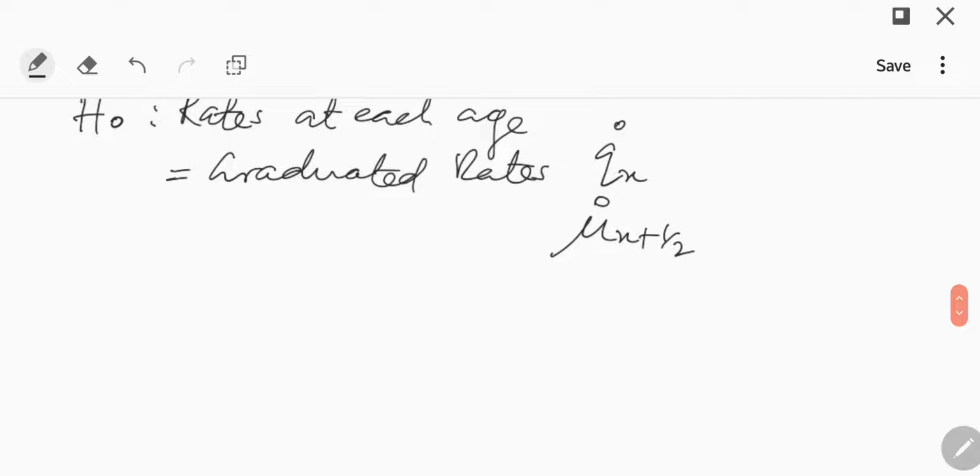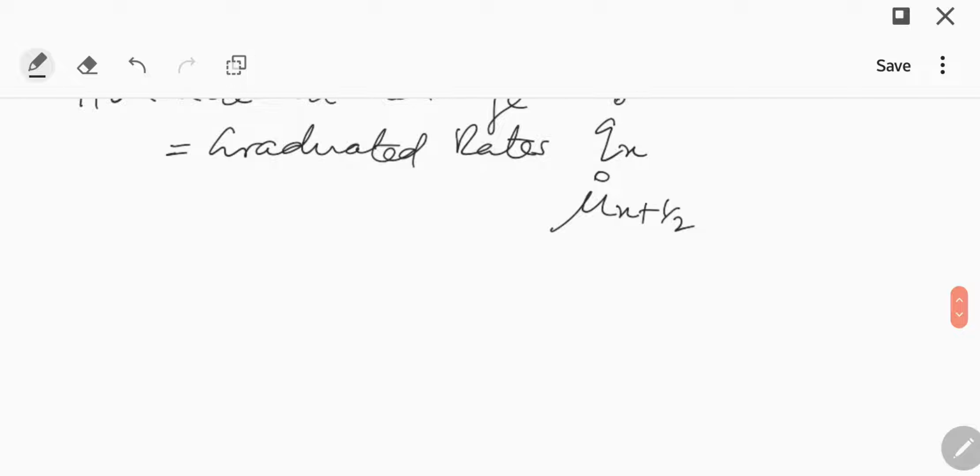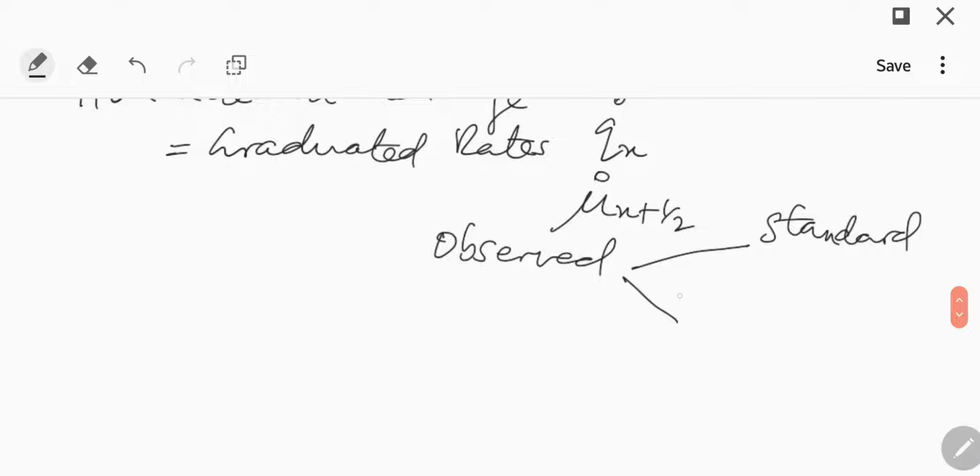So I can compare the observed rate with the standard table, or I can compare it with the graduated rates. Again, I can compare these two to see if my experience is consistent with the two.